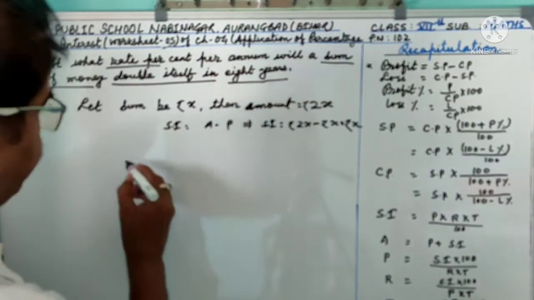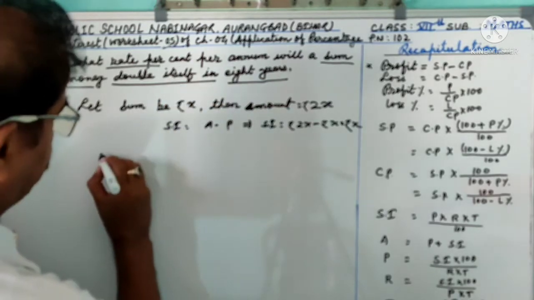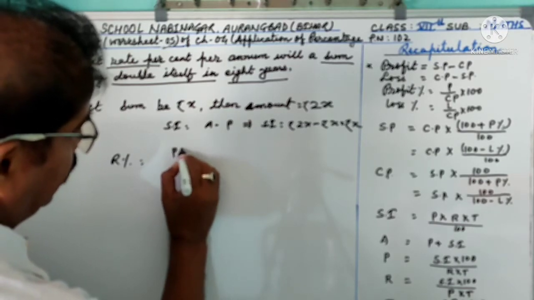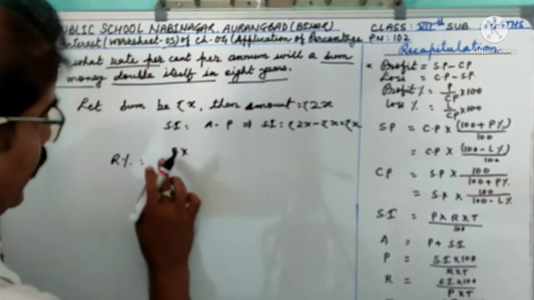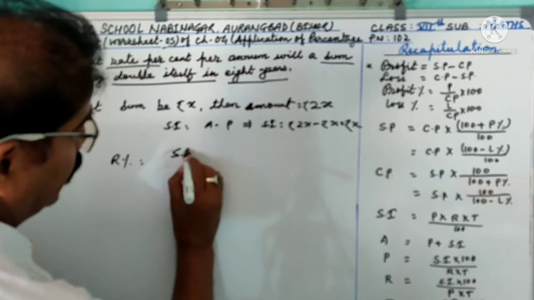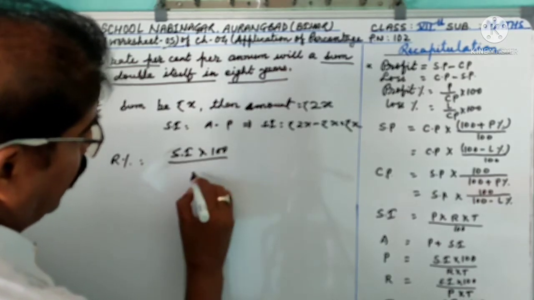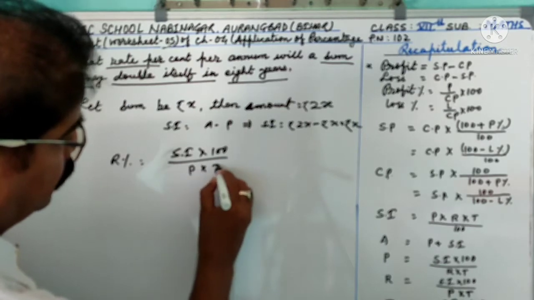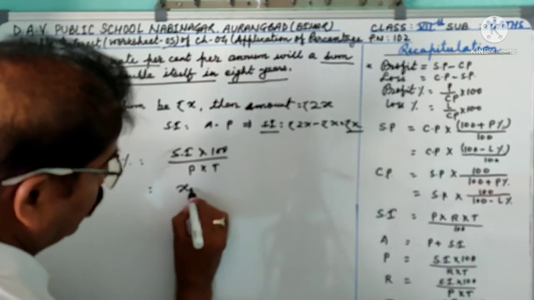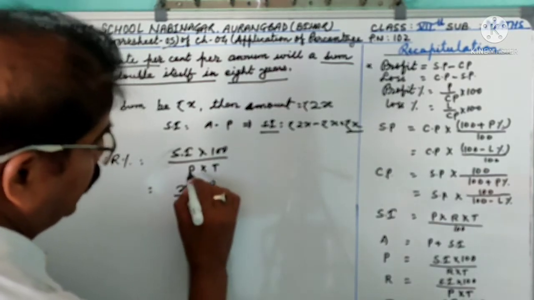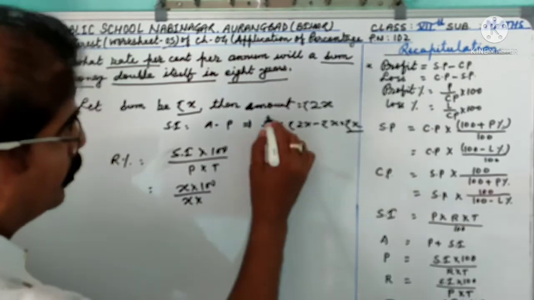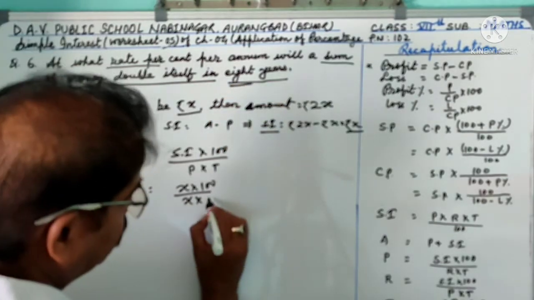So rate percent, what rate percent? Rate percent equals SI into 100 by P into T, where SI equals rupees X and P equals rupees X and T equals time, 8 years.